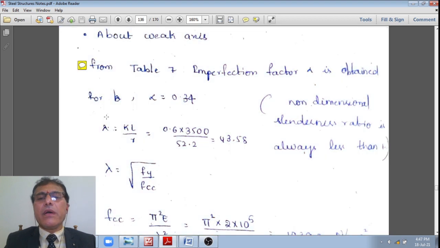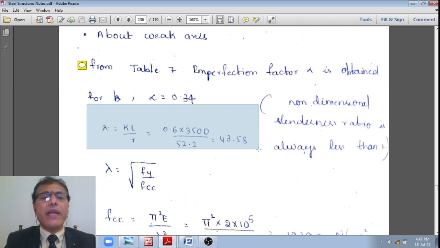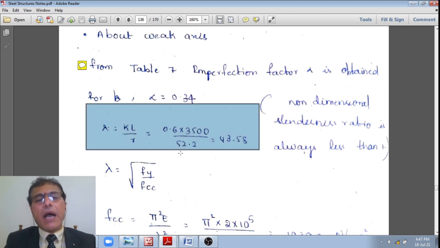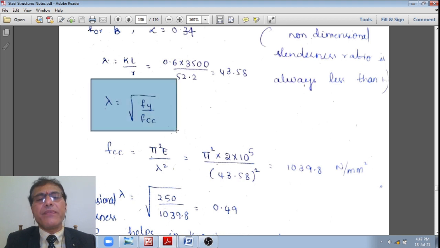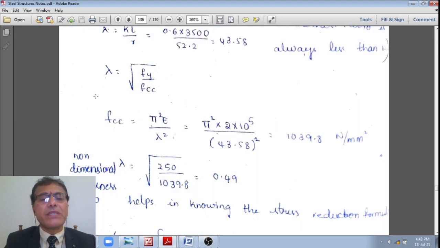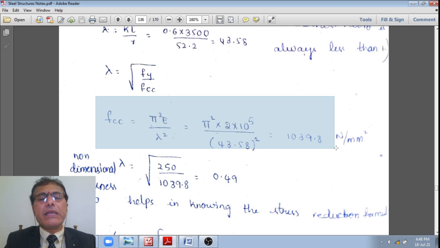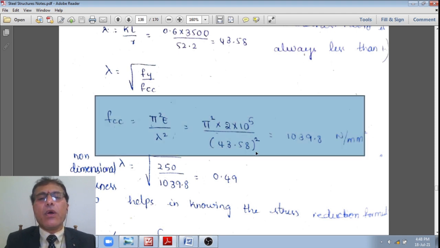Hence, the actual slenderness ratio lambda is 0.65 multiplied by 3500 divided by r. About the minor axis r is 52.2, which works out to 43.58, as we have seen in the previous discussion also. Fcc is the Euler's buckling strength given by pi square E divided by lambda square, where lambda is 43.58 whole square.